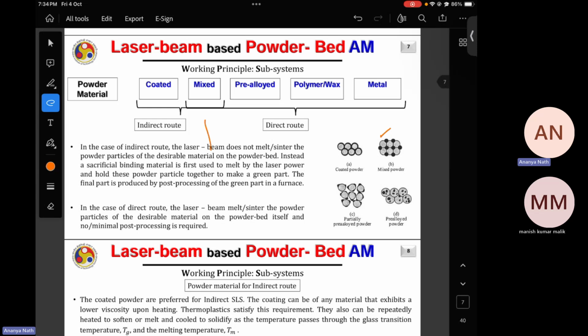So in the mixed powder, if this is the mixed powder and you are having these powder particles in the mixed powder, this is your container. So the filled powders are the nickel powders, and the hollow powders are the titanium powders. For the time being, you assume.